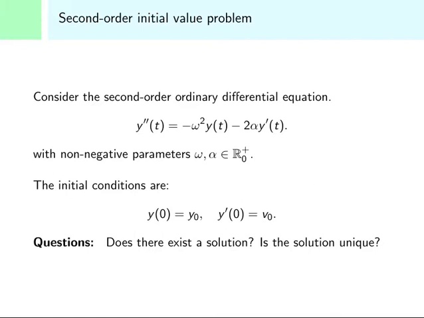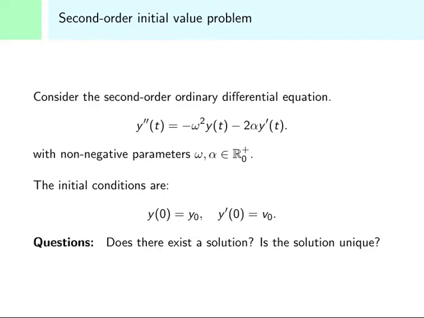And we've got some non-negative parameters omega and alpha. Since it's a second order differential equation, we need two initial conditions, one for the function itself, y(0) equals y naught, and one for its derivative, y'(0) equals v naught.